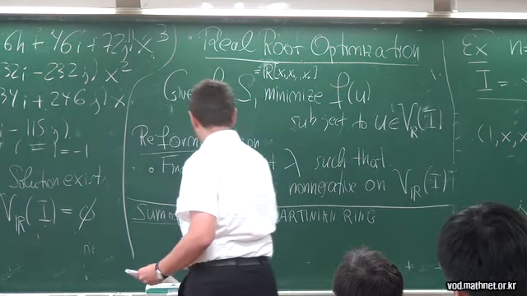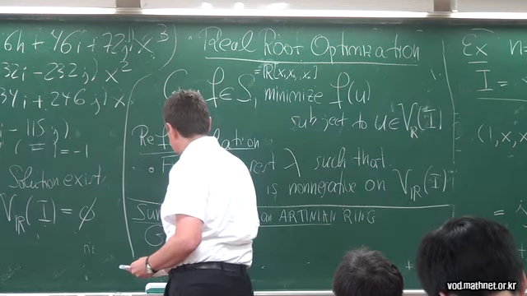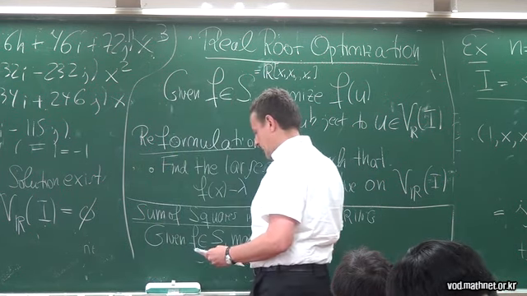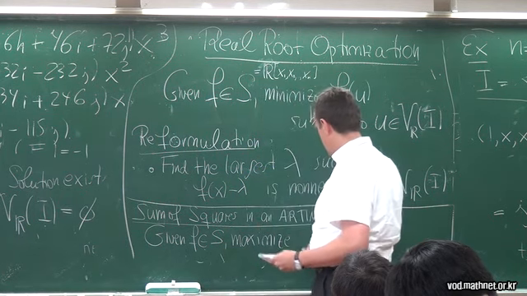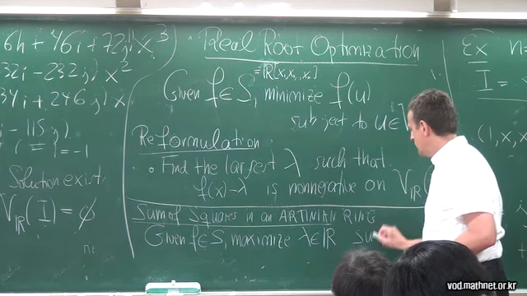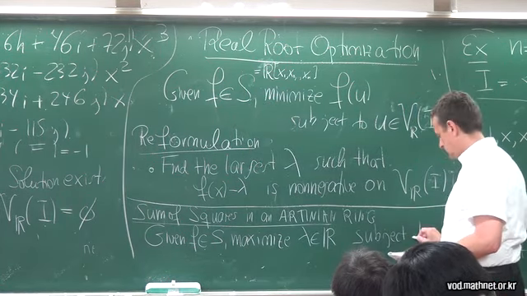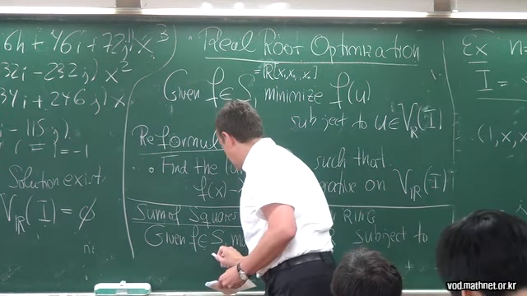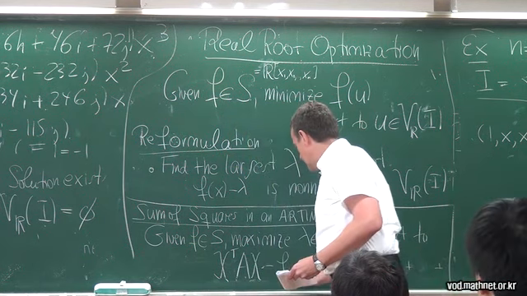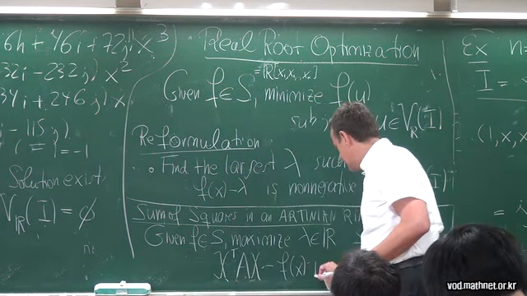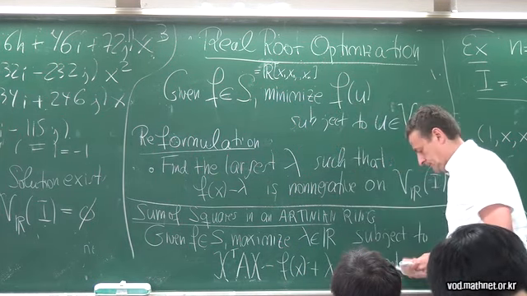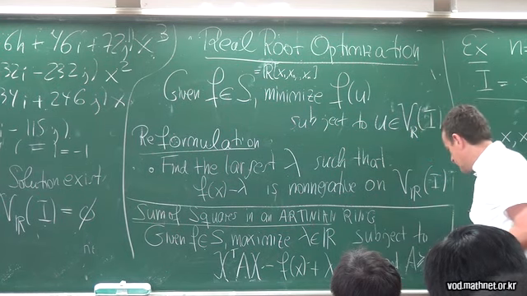So given f, a polynomial in n variables, maximize lambda, that's a real number, subject to the following condition: x transpose A x minus f of x plus lambda is in I, and A is positive definite.